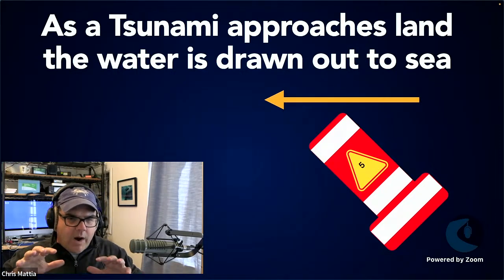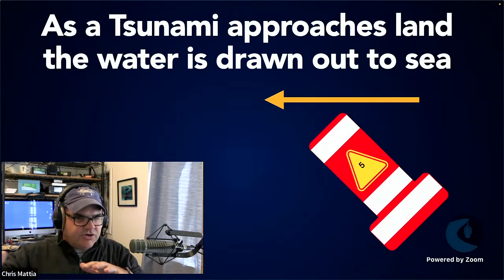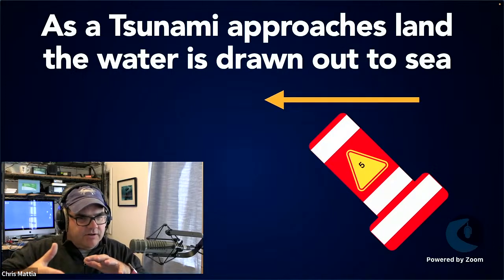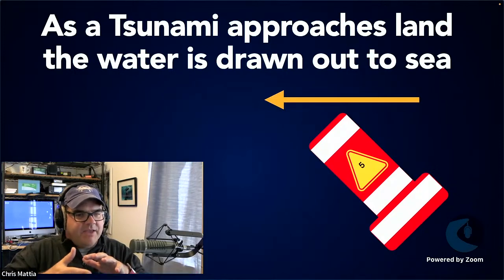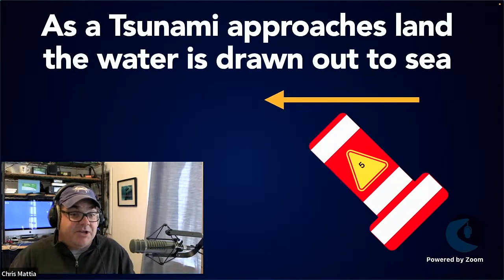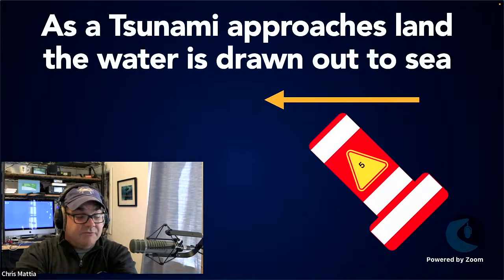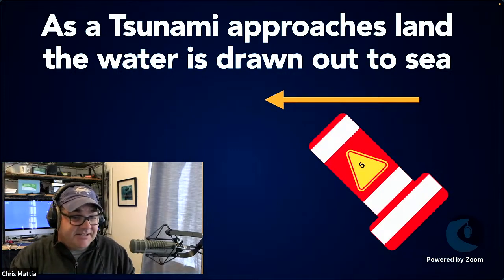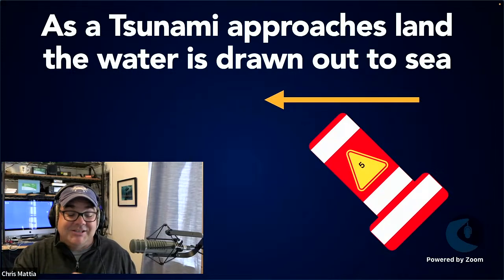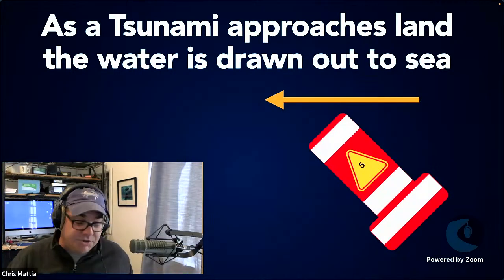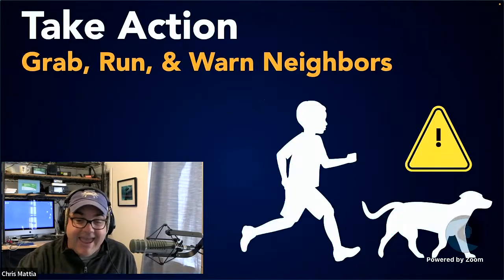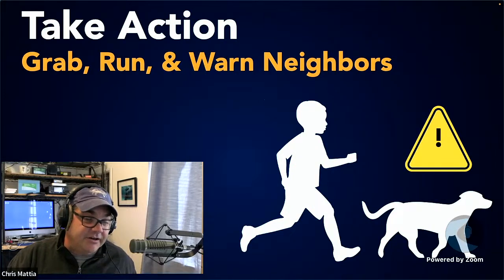As that wave starts to come in, it pulls all of the water away from the land and it sucks it out. So if you're standing on the beach and all of a sudden the water starts immediately receding back, it's probably not Godzilla. It is probably a tsunami that is coming towards you. And the thing to do is to turn and immediately take action.